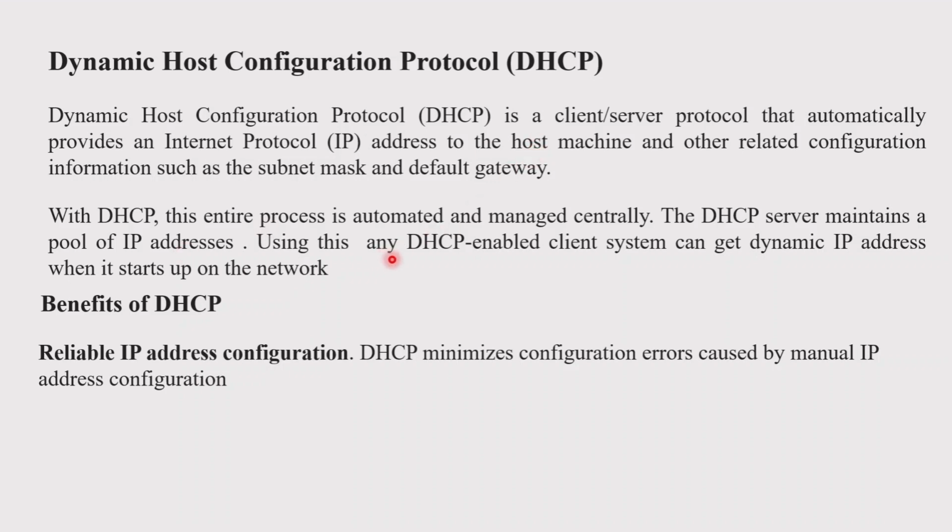Any DHCP-enabled client system can get a dynamic IP address when it starts up on the network. When your PC is turned on, it searches for a DHCP server and gets a dynamic IP address from it.